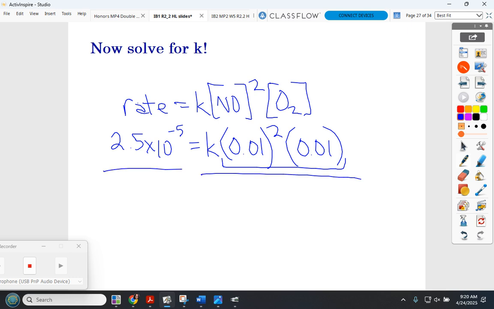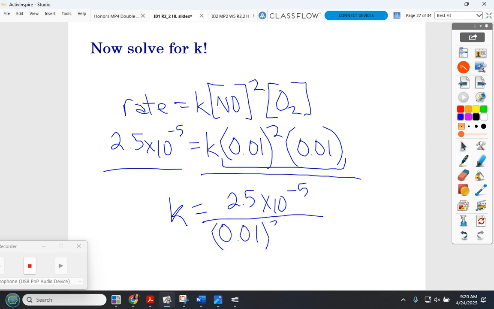So K is going to be equal to 2.5 times 10 to the negative fifth over 0.01 cubed. And you can plug that into your calculator and get a number for K.